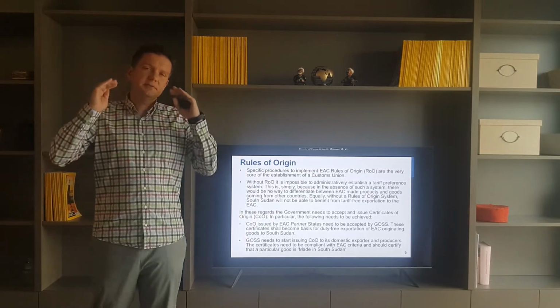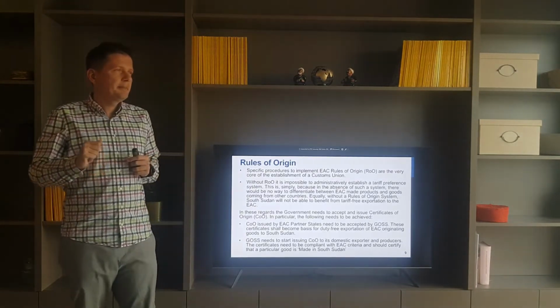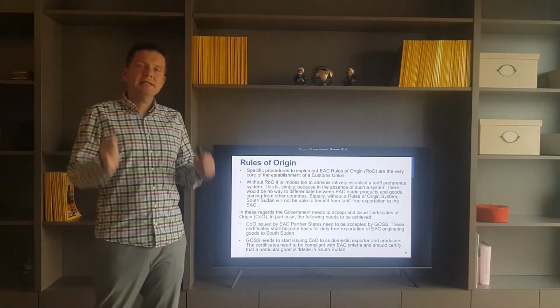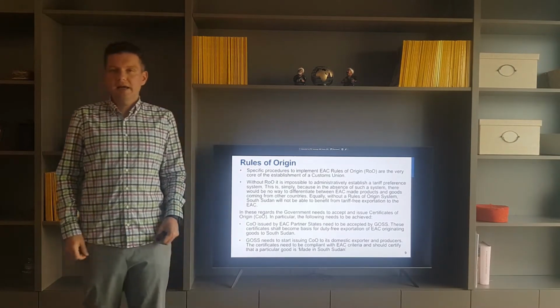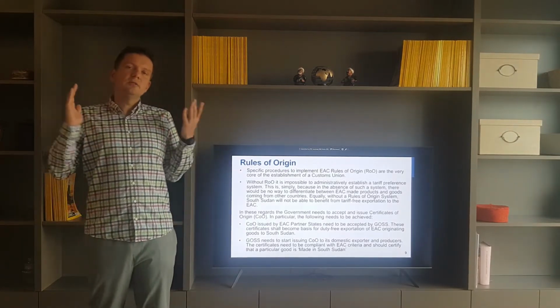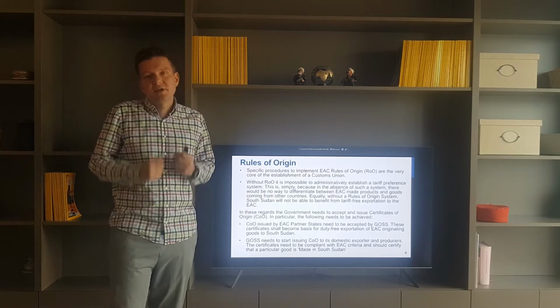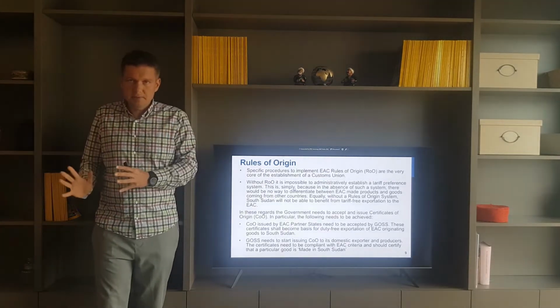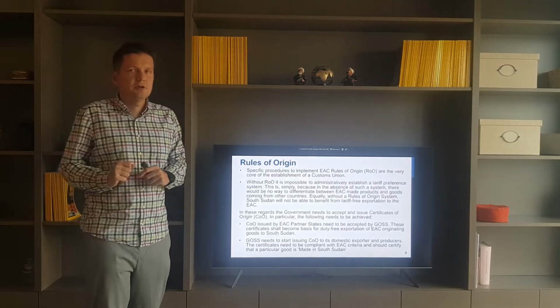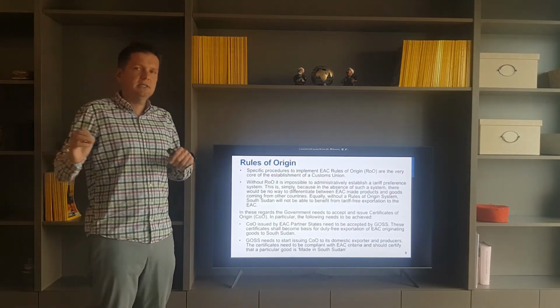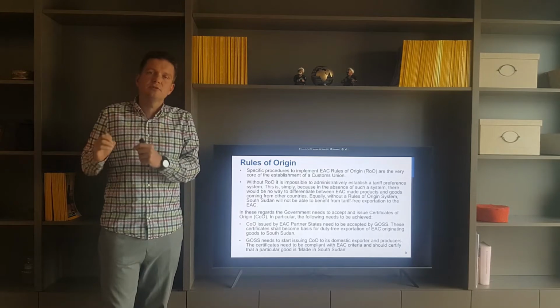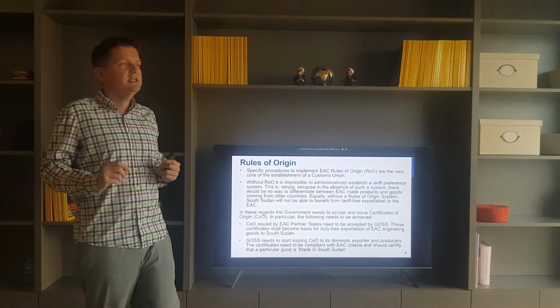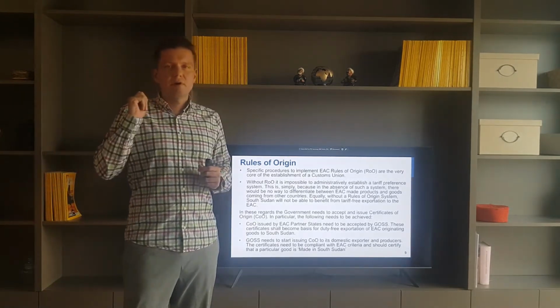Well, there needs to be a governing body that will determine whether this good is really produced in South Sudan, or in some partner states in the East African Community. That governing body is the National Revenue Authority. In others, it is the Chamber of Commerce.